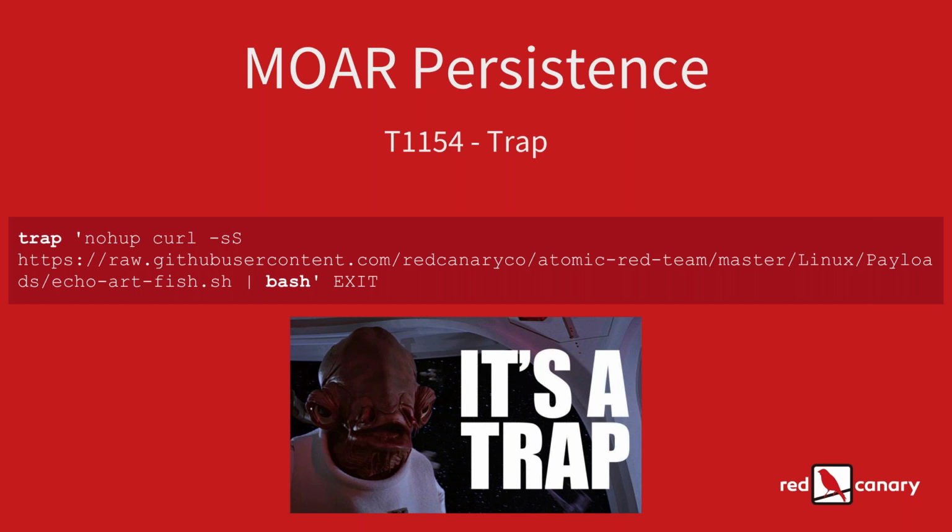And it's looking for an exit. So basically you put this in there, and then it's waiting for the shell to exit. You exit the shell, and then this is going to get executed. You can also do the same thing with other interrupts like Control-C, making it really an interesting mechanism to persist with. But like I said, it's really here because it has a sweet meme to go along with it.